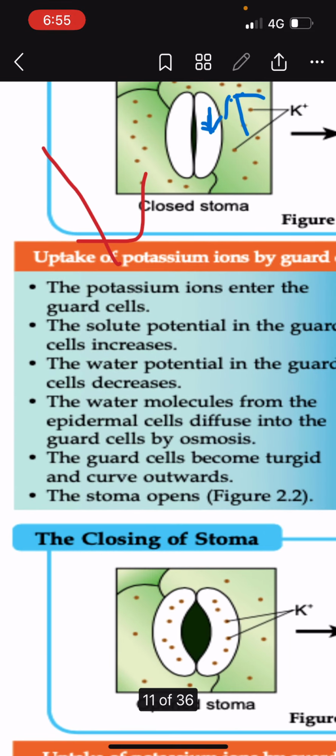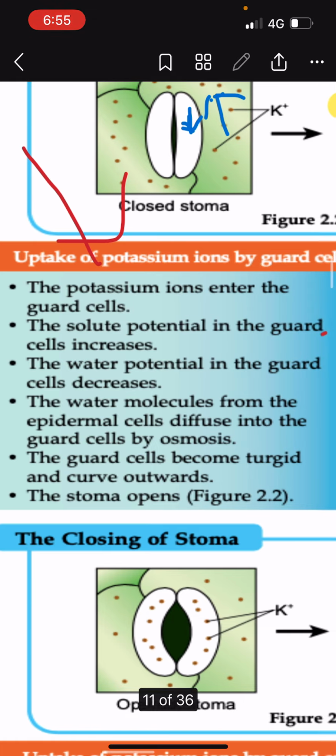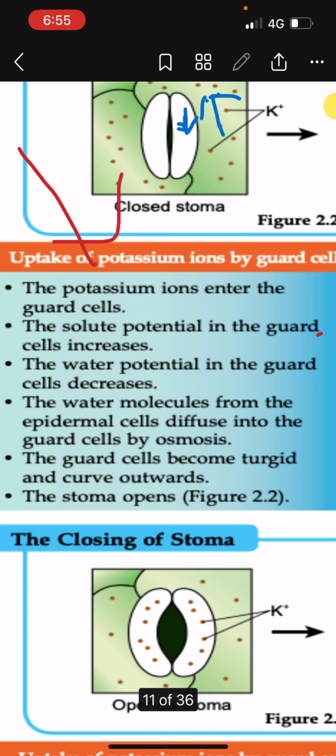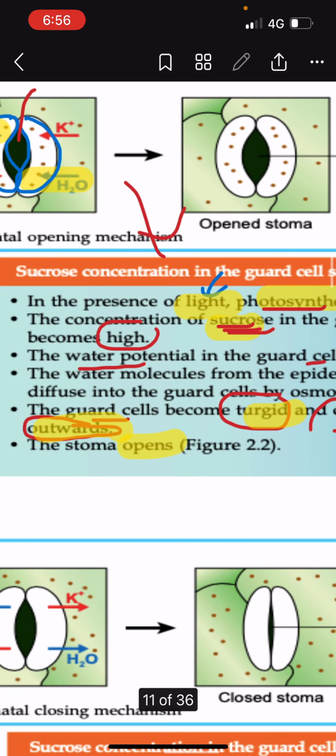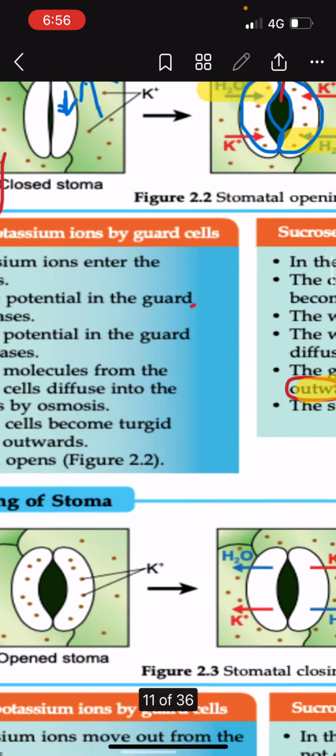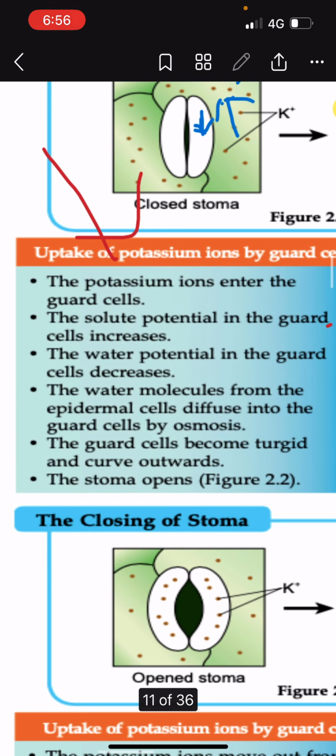When the potassium ion enters the guard cell, it makes the solute concentration increase even more. Earlier it had already increased, here the concentration of sucrose increases very high. This one makes it worse. Solute concentration increases. Solute means the same as concentration of sucrose, but this one is referring to potassium ion.